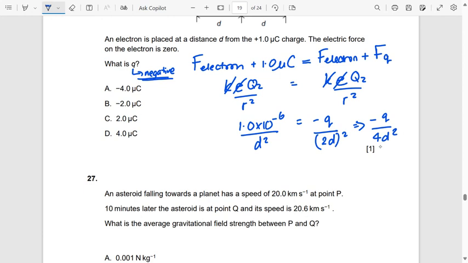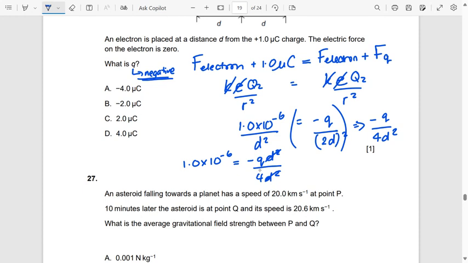Now, I'm going to collect like terms. So I'm just going to put that in brackets. So I'm going to end up with 1 times 10 to the minus 6 equals minus Q d squared over 4d squared. So I've multiplied everything by d squared. I'm going to cancel those.